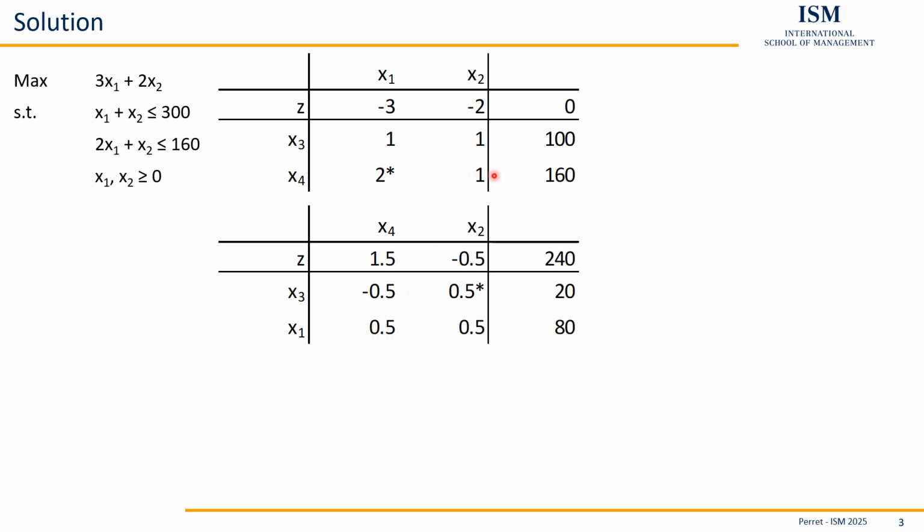Everything else in the pivot row, I'm going to divide by the pivot element, so 1 by 2, 160 by 2, giving me 1/2 and 80. Everything else in the pivot column, I'm going to divide by minus the pivot element, so -2. So I have 1 divided by -2, giving me this, -3 divided by -2, giving me this.